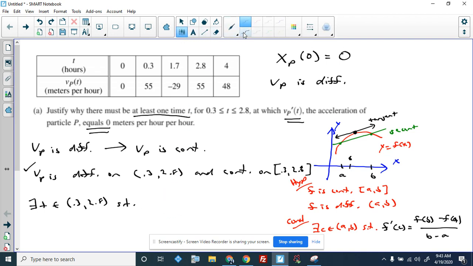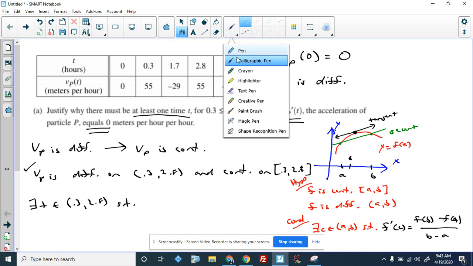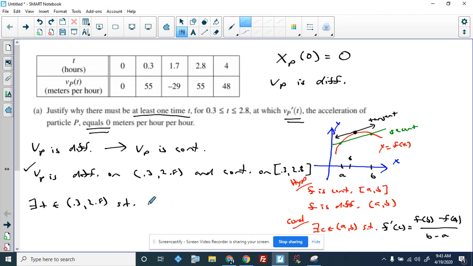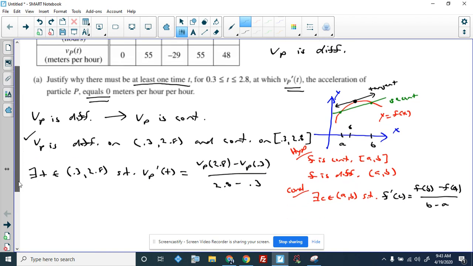Such that the derivative of this given function, which would be the acceleration function, is going to equal the slope of the secant line over the interval: vp of 2.8 minus vp of 0.3 over 2.8 minus 0.3.